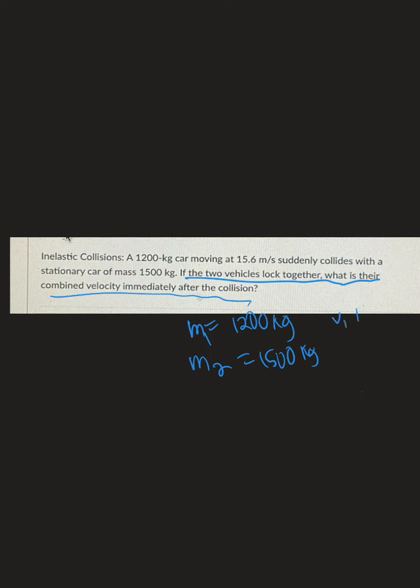Okay guys, so for this question, we are looking for if the two vehicles lock together, what is their combined velocity immediately after the collision. So we are given the mass, right, of the two cars. Two cars mass we have here. And we have the velocity, correct? So we put it in the equation. The equation is here given. Correct?